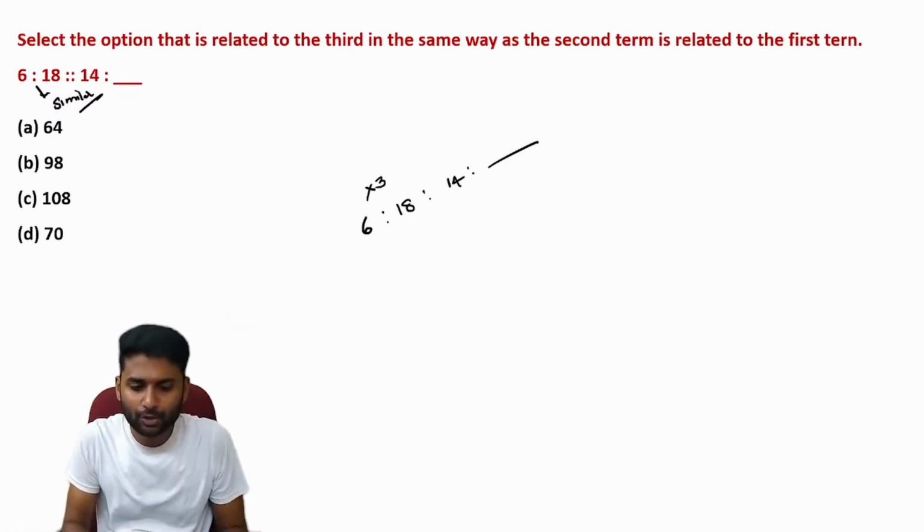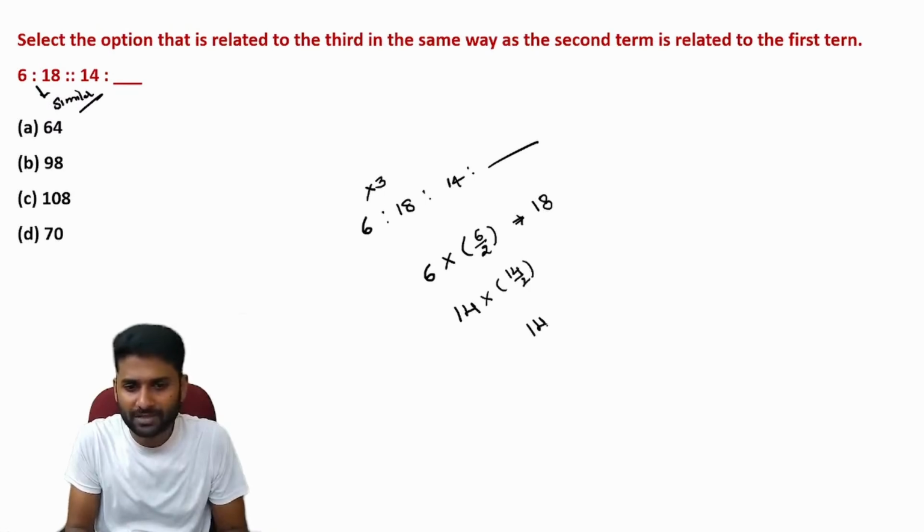Now see, 6 into 3: here the relation means 6 is multiplied with half of that number. Half of that 6 is equal to 3. Then the result becomes 18. In the same way, 14 is multiplied with half of 14, which is 7. And you know that 7 into 14 is exactly equal to 98.